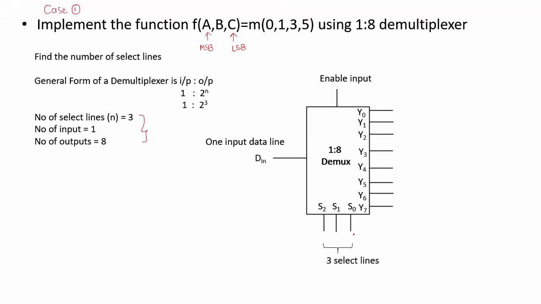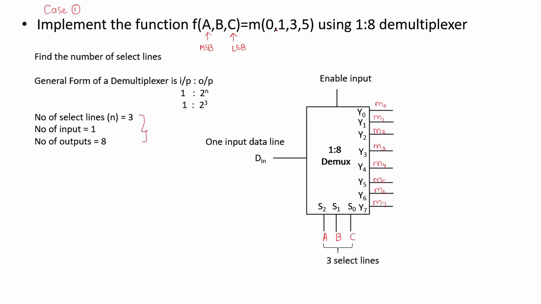So let me connect S0 to C, S1 to B and S2 to A. When you do this connection, each of the output lines will represent a minterm. So Y0 will represent M0, Y1 will represent M1, Y2 will represent M2, Y3 will represent M3, Y4 will represent M4, Y5 will represent M5, Y6 will represent M6 and Y7 will represent M7.